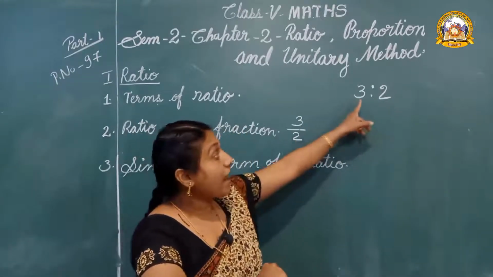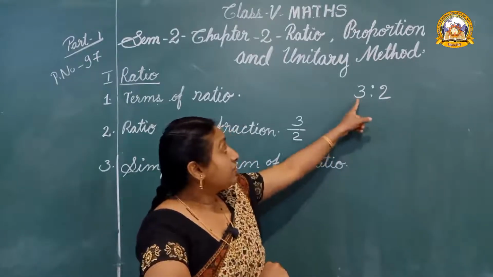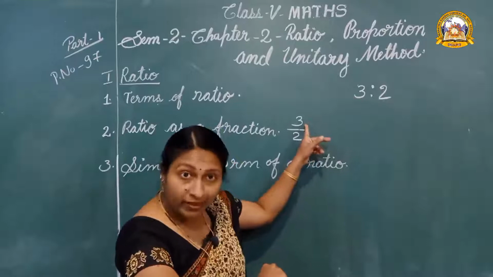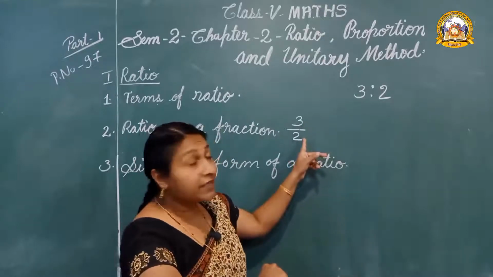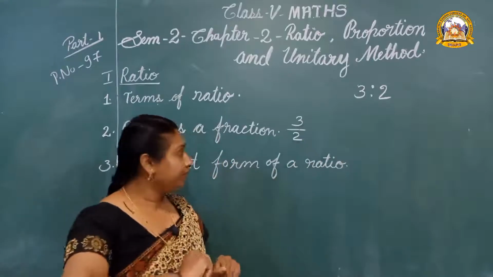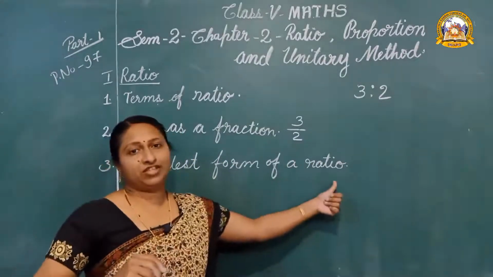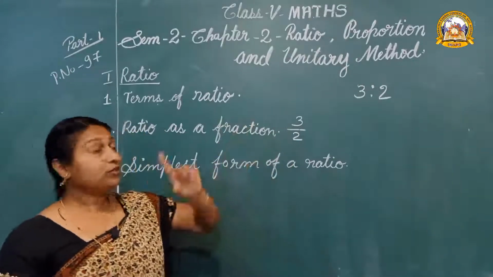Okay? Say antecedent and consequent. And first term should be the numerator and second term should be the denominator. Okay? And simplest form of ratio. All of you should remember that.